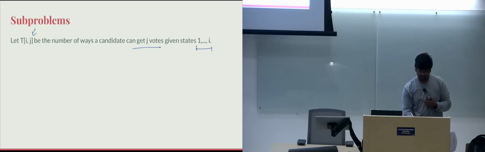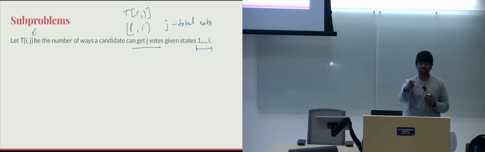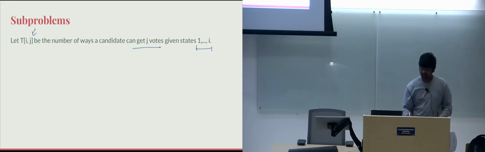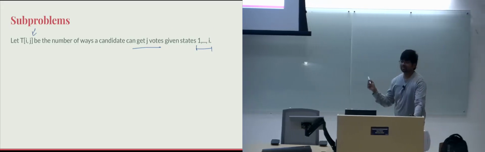T of ij will be, instead of subtracting, you're adding here. So i is still the same, 1 to i is the states that you are choosing, but j is the total votes that you have got in your case. But in this case, it is the number of votes that you still need to get. Is this clear? Okay.